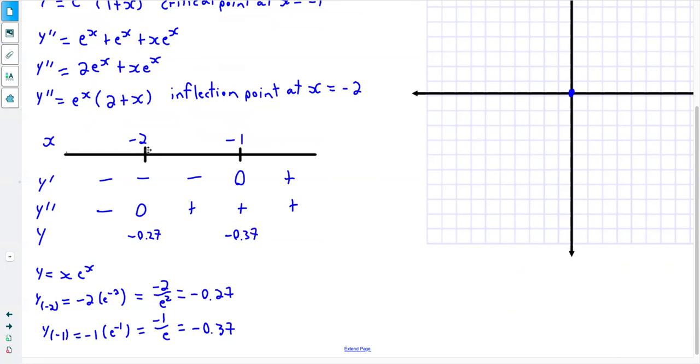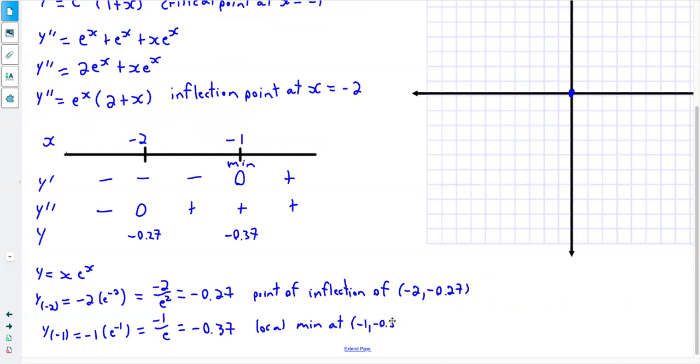So our -2 was our point of inflection. So we know we have a point of inflection of -2 comma -0.27. And we know that this point was our critical point. So we had a critical point there. This was positive, so that meant that this was a local minimum. The local minimum at -1 comma -0.37.